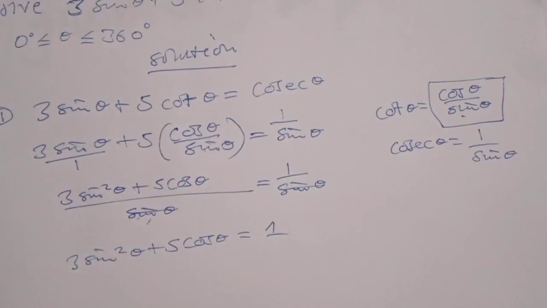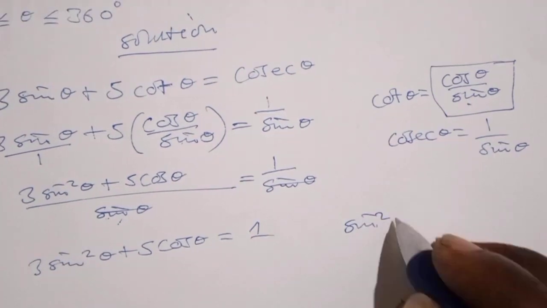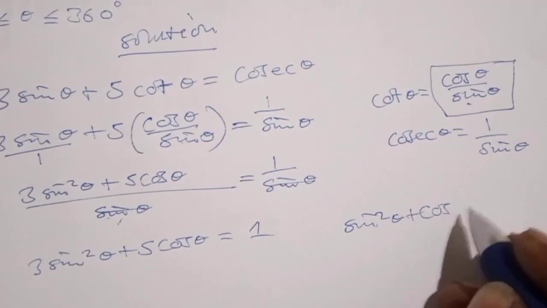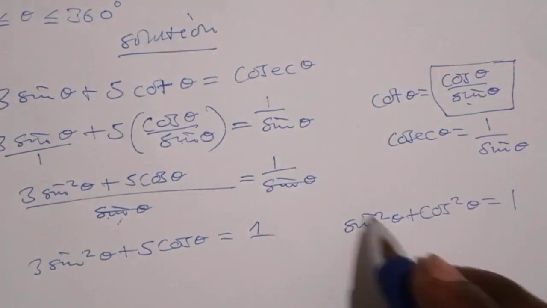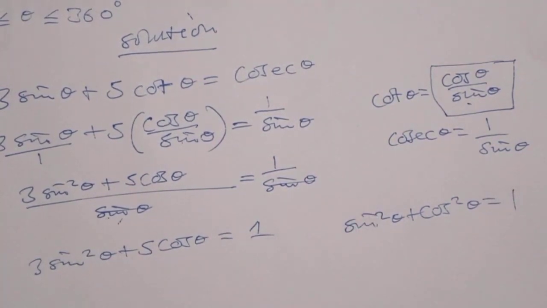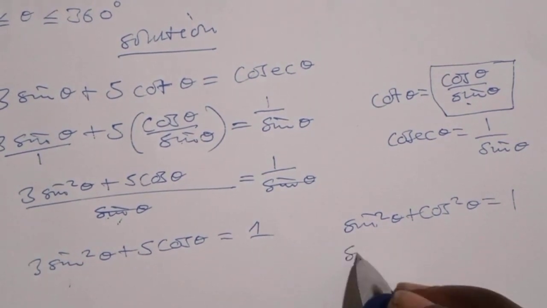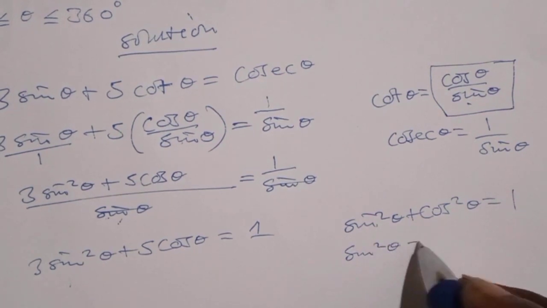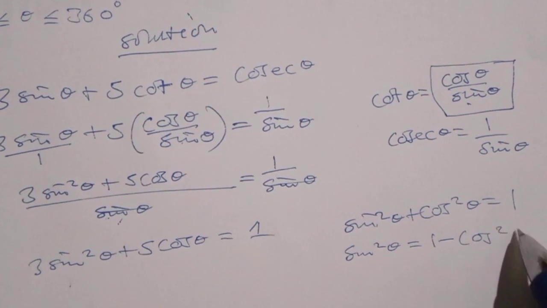Even here we have an identity which says sine squared theta plus cos squared theta equals 1. So we have to make sine squared theta the subject of the formula. If you can see here, we have different terms, so we have to make the whole equation in cos terms, in which sine squared theta equals 1 minus cos squared theta.